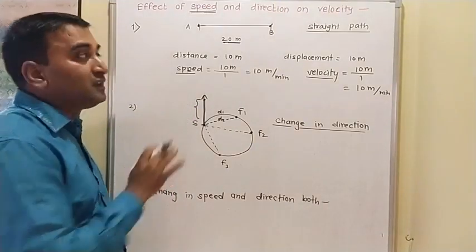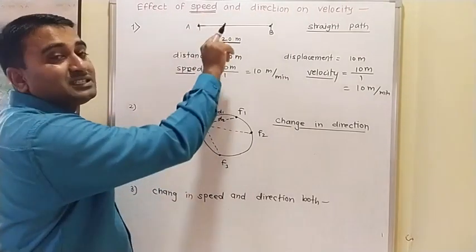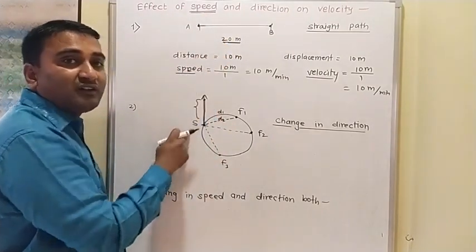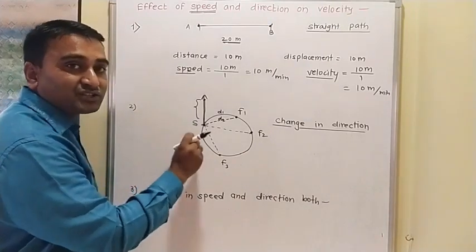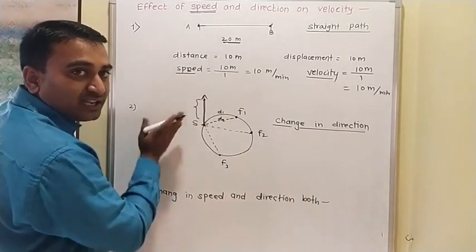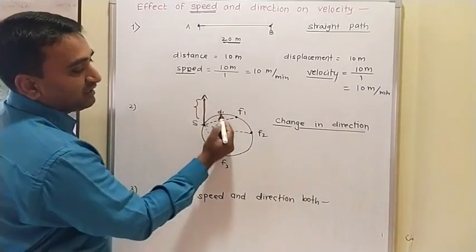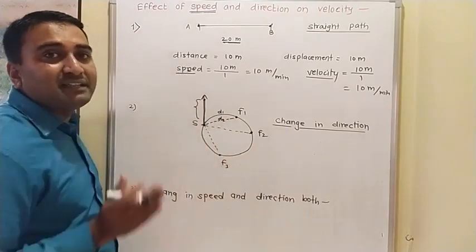When we consider the straight line, what remains the same? Direction is not changing, only the speed changes. Here we are focusing on no change in speed, only a change in the direction of motion of the object. As the direction of motion changes, the distance covered is one thing and the displacement is different.